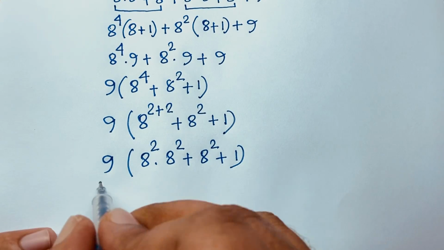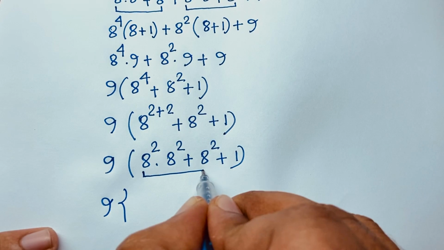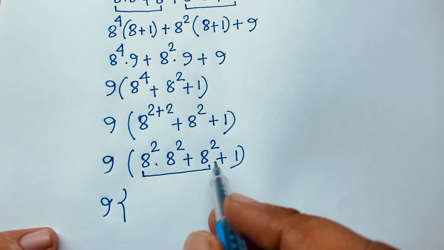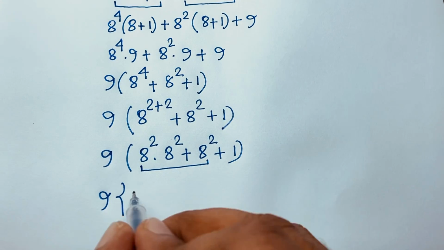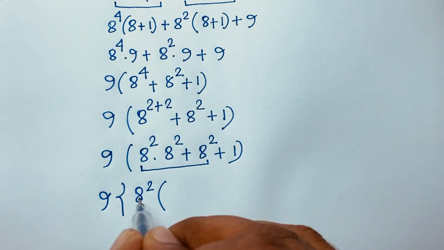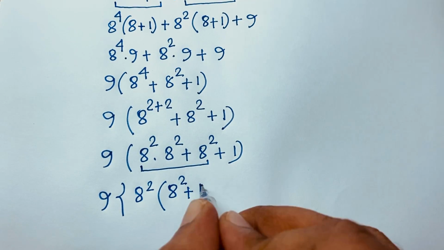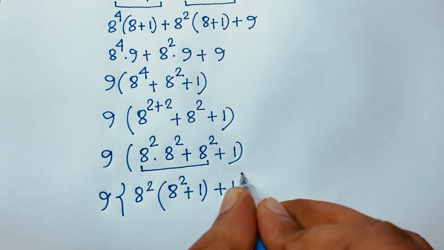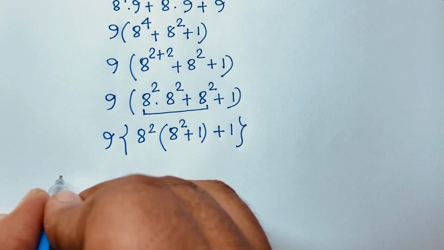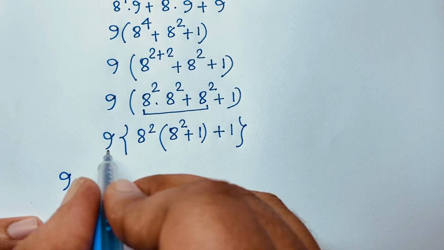Then here 9, and you can see 8 to the power 2 is common. So 8 to the power 2 is common; this divided by this is 8 to the power 2, plus this divided by this is 1. Here is plus 1.